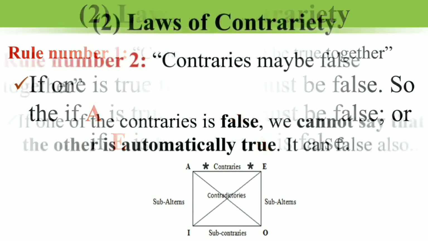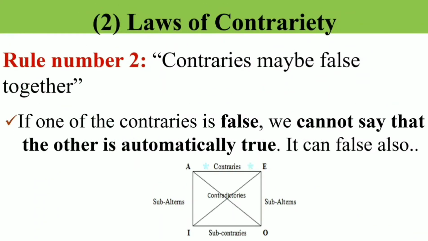Rule number 2: contraries may be false together. So if one of the contraries is false, we cannot say that the other is automatically true. It can be false also, so it's doubtful.